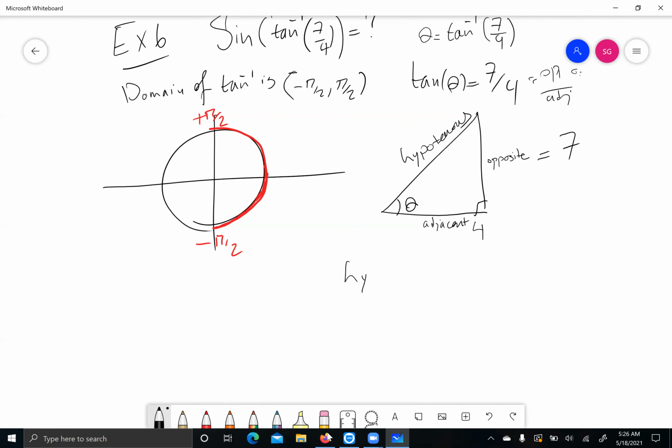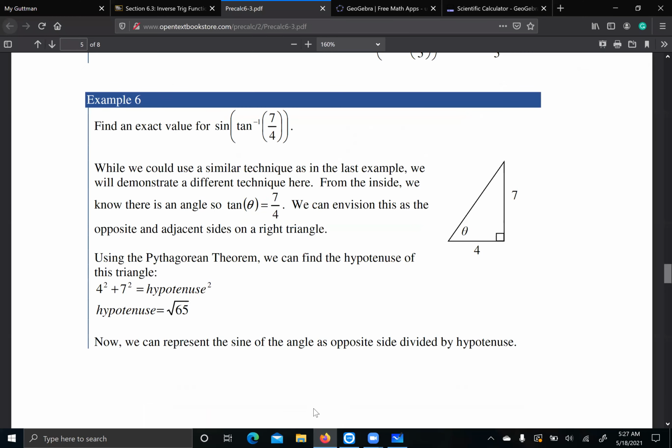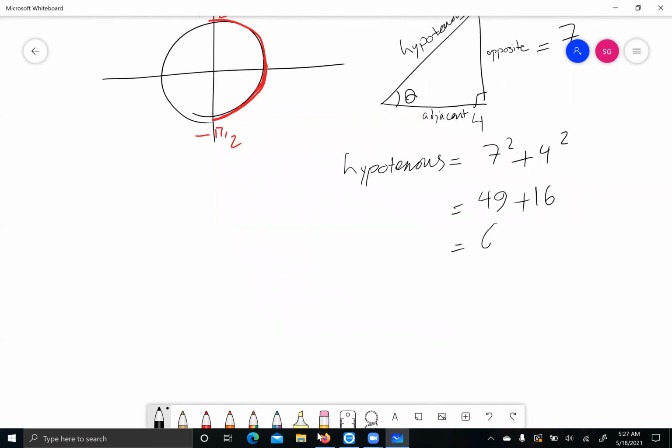So hypotenuse is going to be the square root of 7 square plus 4 square, which is 49 plus 16, which is 65. So the hypotenuse is going to be square root of 65.